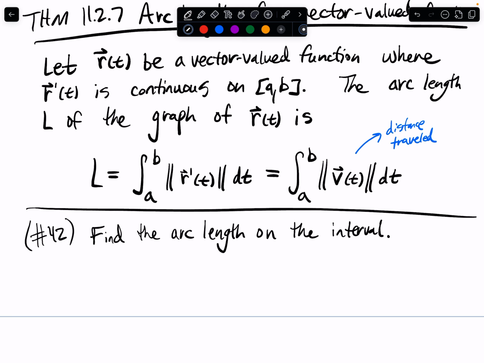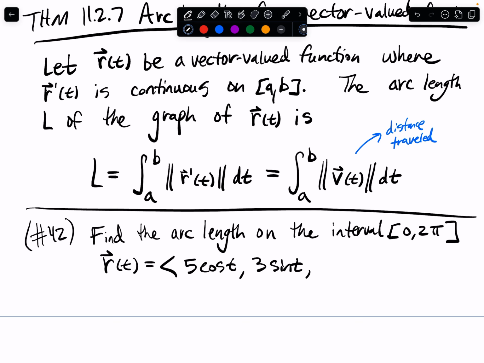Okay, the interval goes from 0 to 2 pi. The function is R of t equals 5 cosine t, comma 3 sine t, comma 4 sine t.